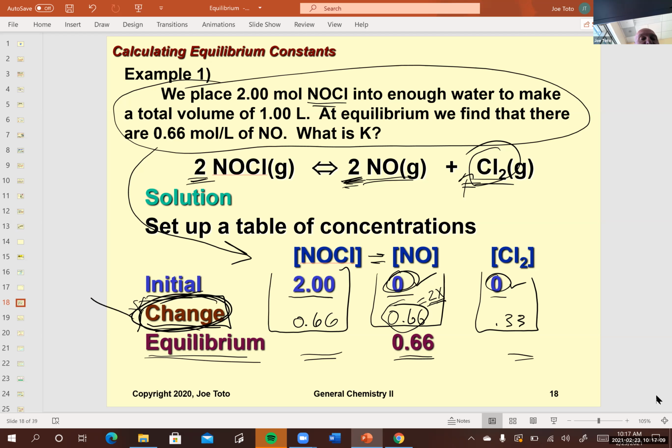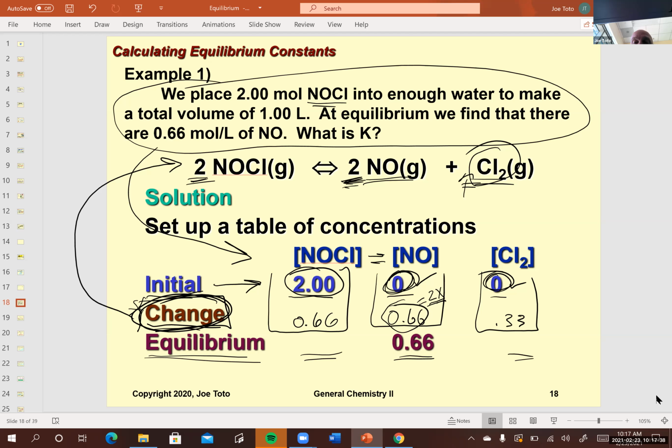In order to do that, I have to know which way this reaction shifts towards equilibrium given these initial conditions. So I look at the initial conditions. I see I start out with some reactant and I have no products. So I ask myself, which way does this reaction have to shift to reach equilibrium?